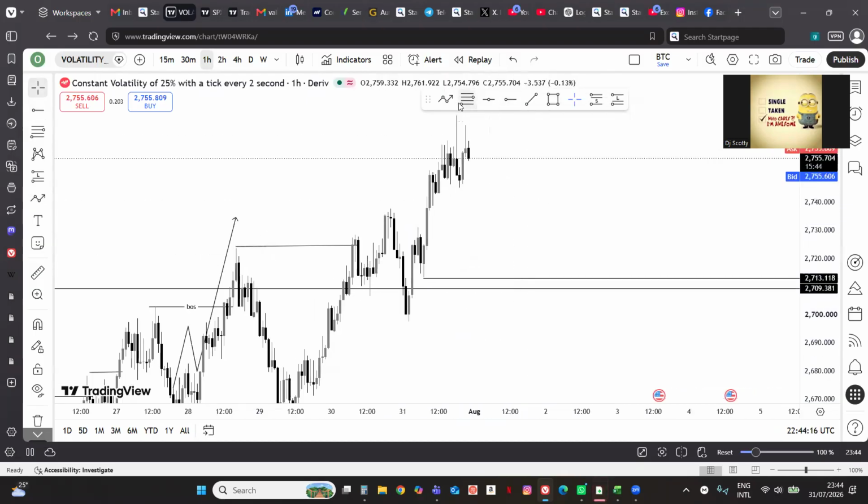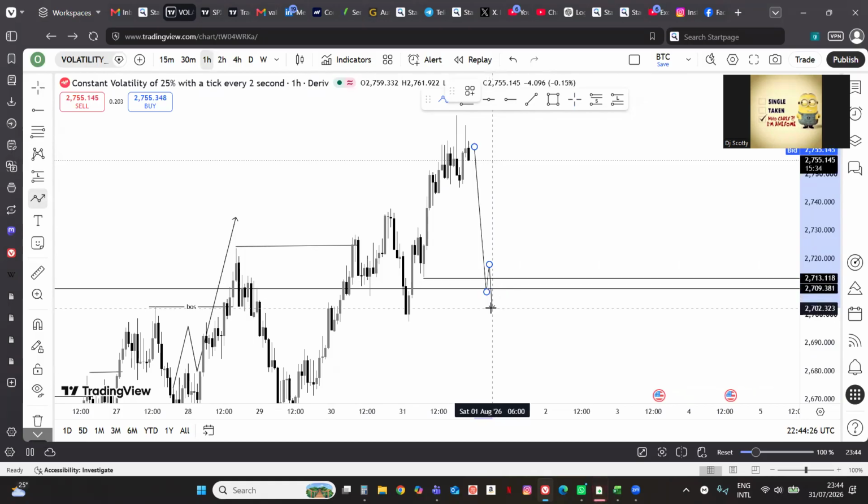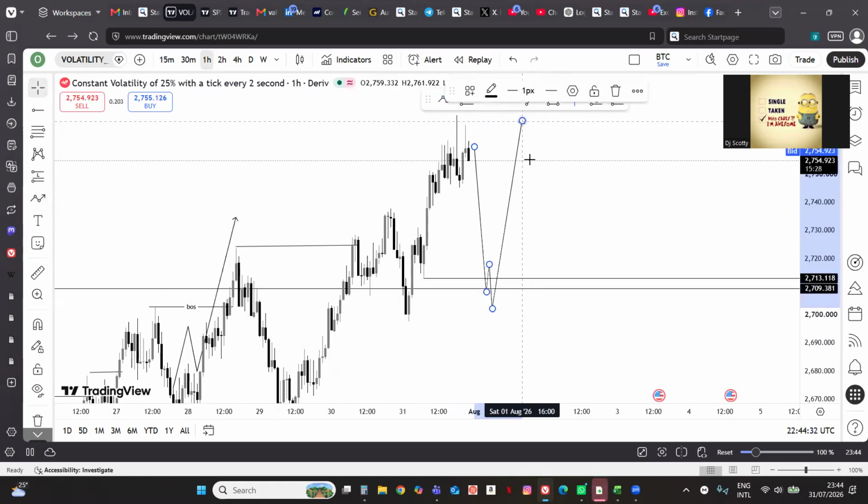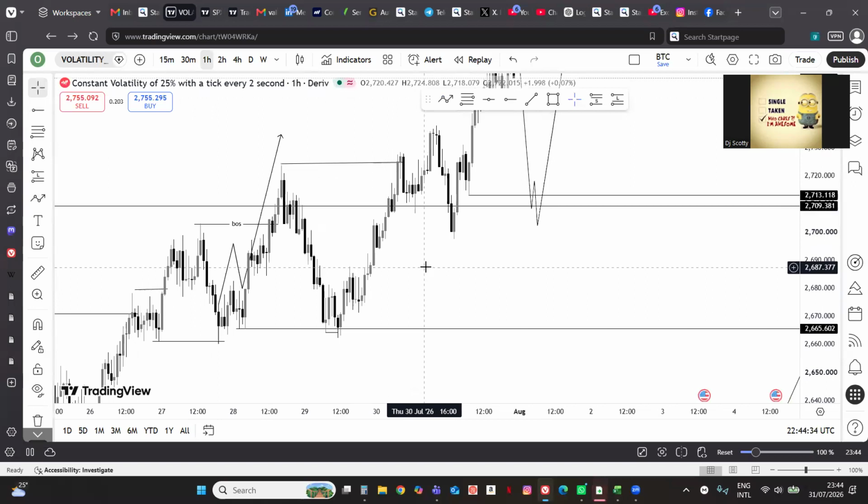So if it comes back into this zone and sweeps this inducement like this, induces it, and then sweeps. As soon as it sweeps, that's your entry. As it's sweeping, you're taking your trade, and then you look out for, like I said, the bullish engulfing, and then you take it up to this next point. So this could honestly be our next trade.